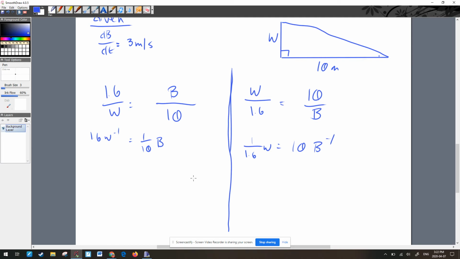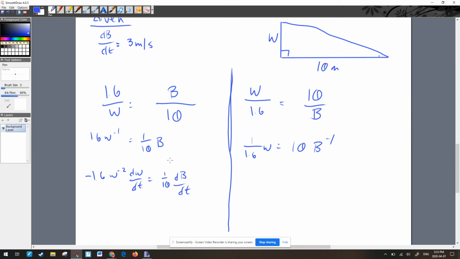And you think, okay, well, it's not really all that different. And it's not. But here we go. I'm going to differentiate. So I'd have negative 1.6 W to the negative 2 dW by dt is equal to 1/10 dB by dt.